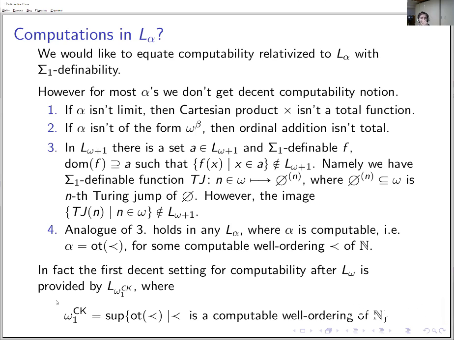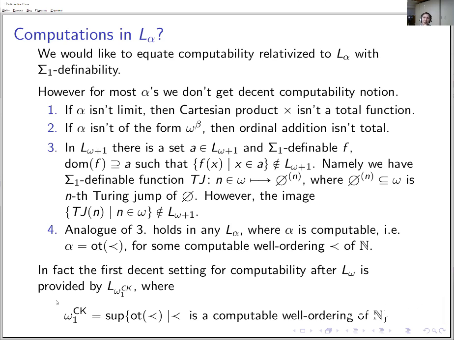Furthermore, if alpha is small enough, ordinal arithmetic would be a mess. For example, you need ordinals beyond omega times beta for addition of ordinals to be total, and if you want exponentiation on ordinals to be total, you need your ordinal to be an epsilon number. But okay, it's kind of a small thing.